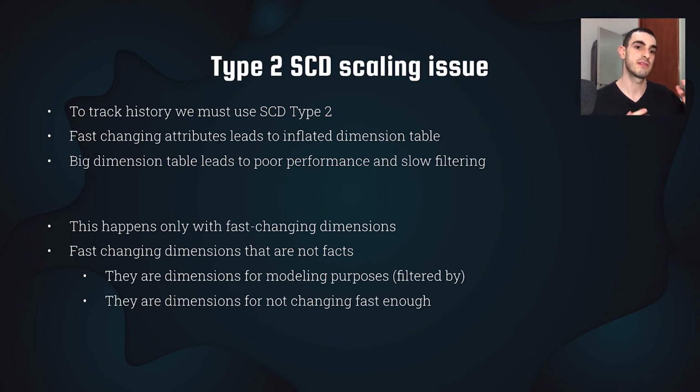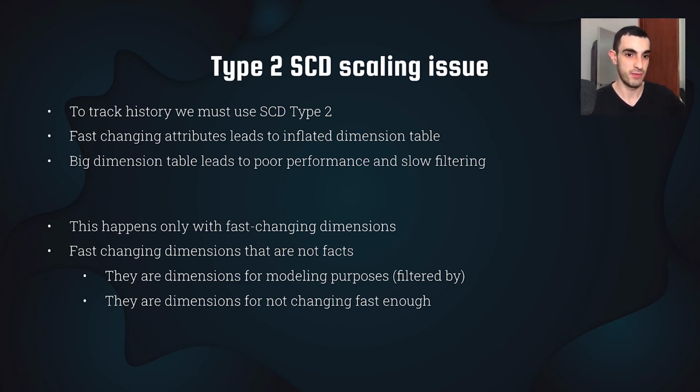Think about it: you have the dimension table and just one attribute changes and you need to duplicate the row. So even if you have just a really big dimension in terms of columns, just one attribute changing fast enough will have to duplicate it again and again, and it's really bad for performance.